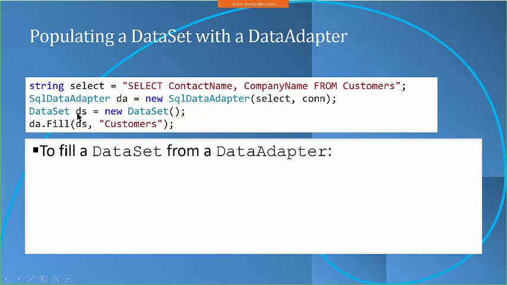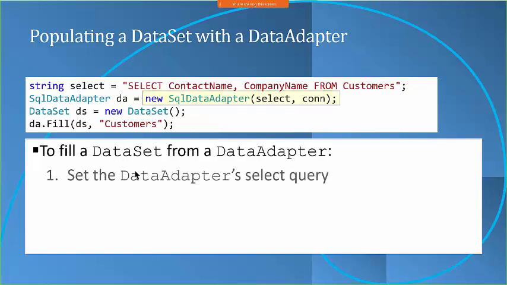Then we create our data set. We instantiate our data set, and then we say data adapter, fill that data set from customers, and it will fill up the data set. We then have a data table in there called customers, and we can explore that data table and get all the information from the database from it.